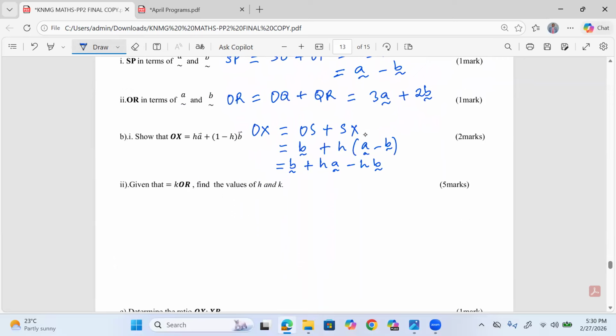We can now have, let me underline this part, so that we have HA plus B minus H vector B. I'm just grouping the terms with vector B together, so that at this point we can say the vector OX, ladies and gentlemen, can be given by H vector A. Then vector B is factored out, so that will remain with 1 minus H vector B. So with that expression, we've already proven that OX equals what had been typed there.